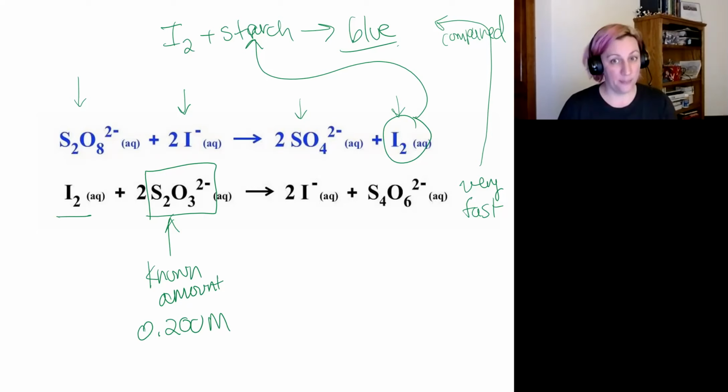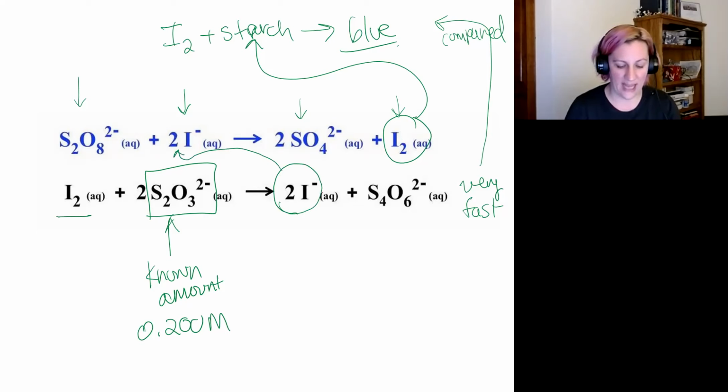And at that point, all we'll have left is it produces I minus, which just feeds itself back into this reaction up at the top that we're interested in, and it'll react with any S2O8 around. So after it reacts with all of our S2O3, then we'll finally start producing iodine that can react with our starch.